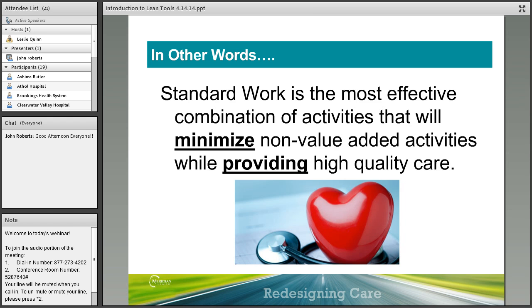Most likely, most people will be using either a 5S tool for their project or maybe the A3 problem solving.